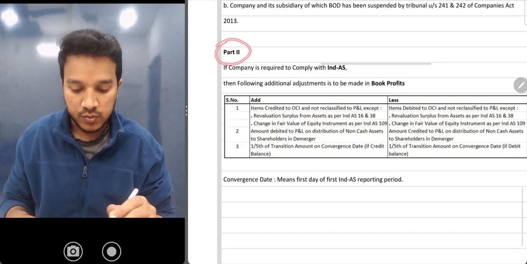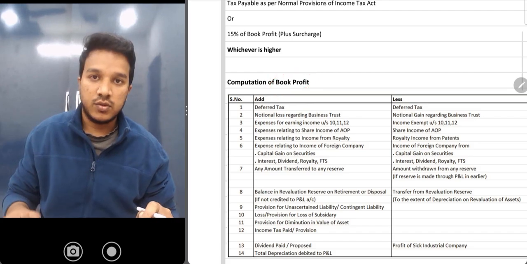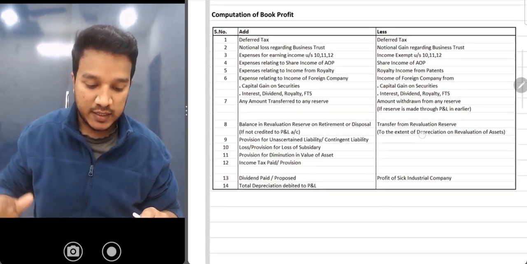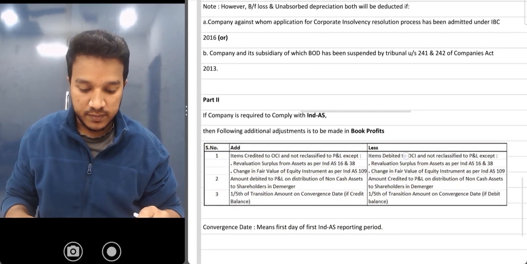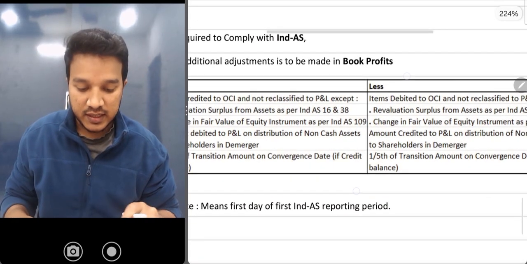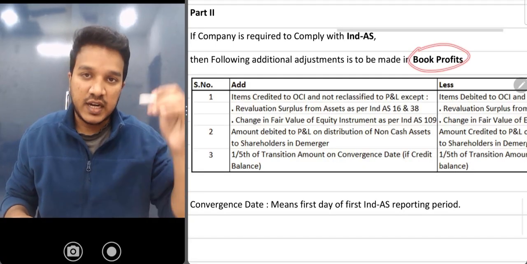Now part 2. Here you got book profit, you took the net profit as per Income Tax Act and calculated the book profit. And from here, in case Ind AS is applicable for a company, there are 3 adjustments you have to do. First one, you will start with book profits.